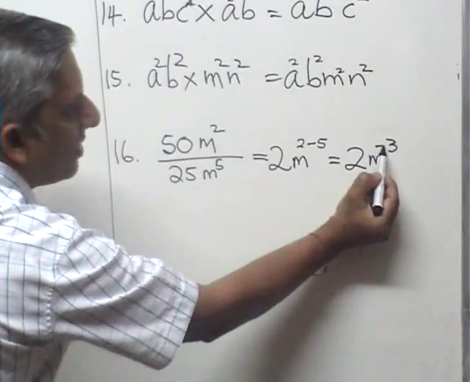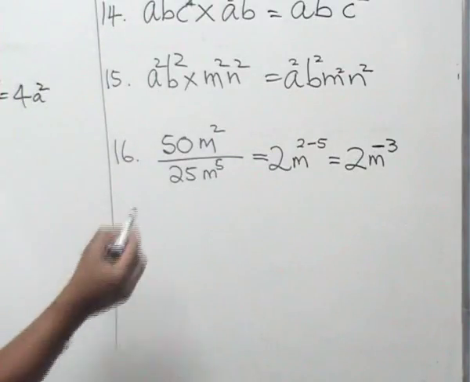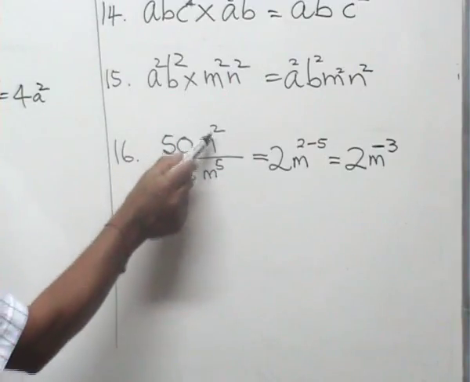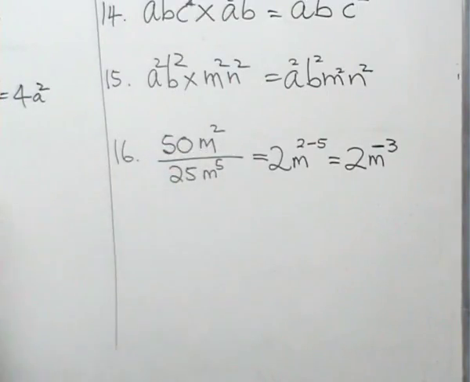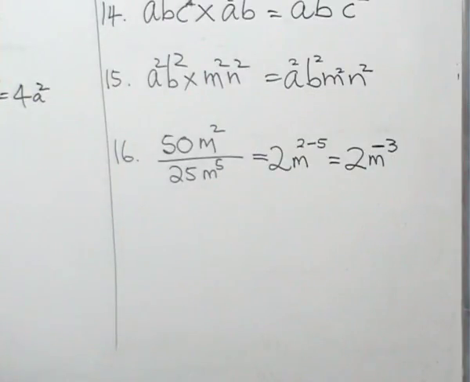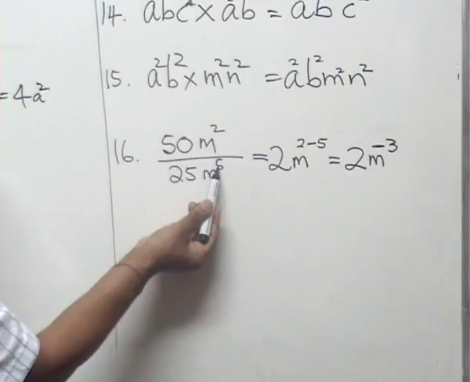Now to avoid having this minus sign in the answer, what you can do is you study this example carefully and you see where the index is bigger. Clearly the index is bigger in the denominator. So to avoid the minus sign in the answer, you will subtract where the index is bigger.